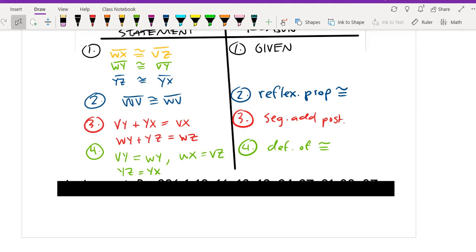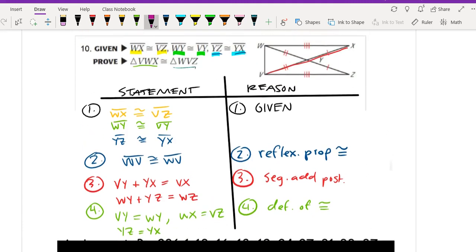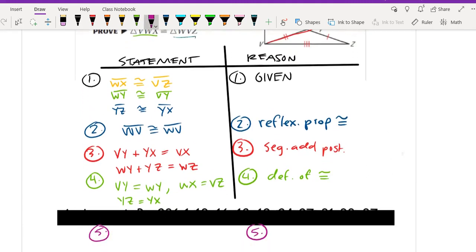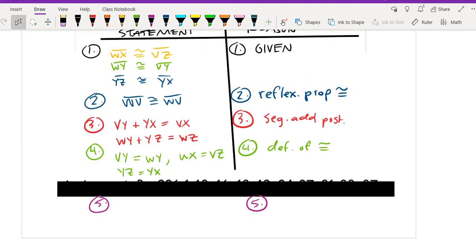Now, I have a black bar here that's kind of in our way, but don't worry about that. We're going to just write right below it. And we'll go on to step 5. Now, remember my goal. My goal is to show that these 2 segments are equal to each other. Now, the way that we do that is to say, hey, VY and YX, I can replace those with different ones, right?